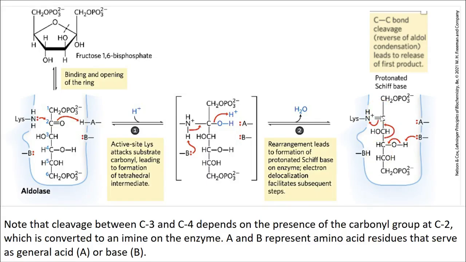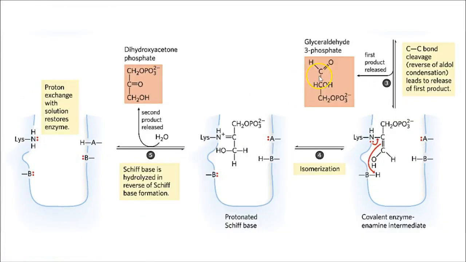And then from there, once we have this form, we'll have more of the amino acids that can act as a base to deprotonate and take up one of the hydrogens, and thus making a cleavage happen, and thus releasing our first compound, which is the glyceraldehyde 3-phosphate.